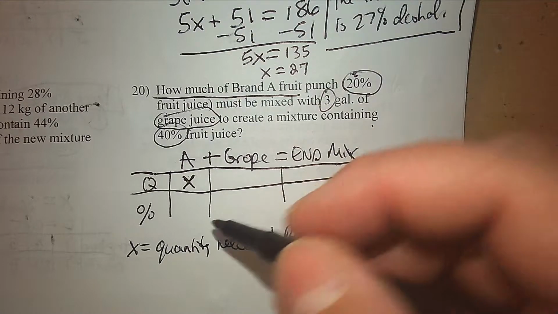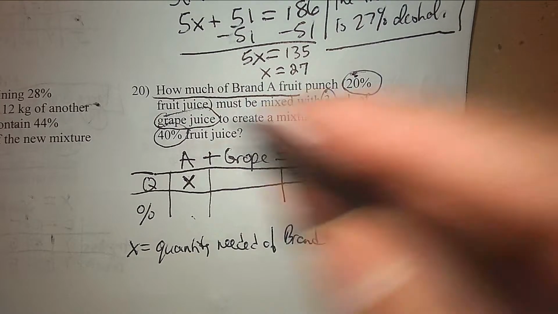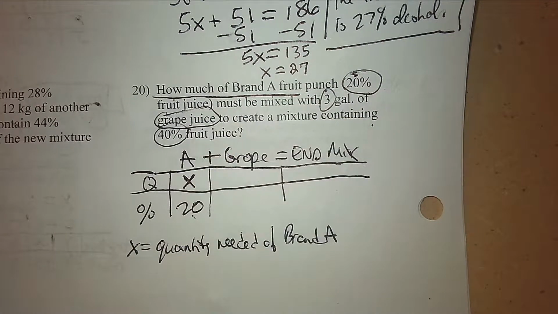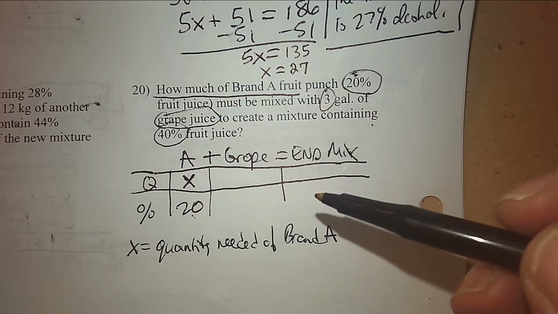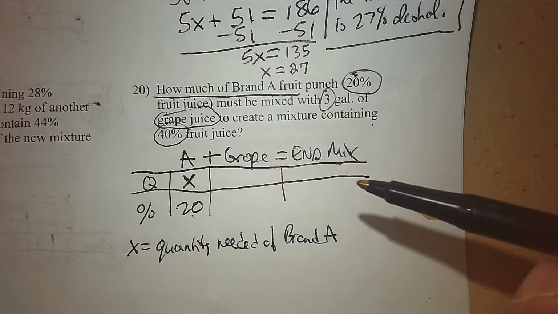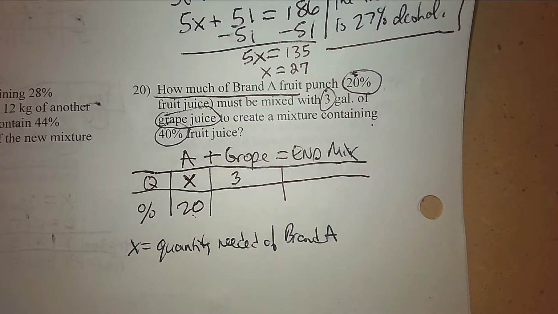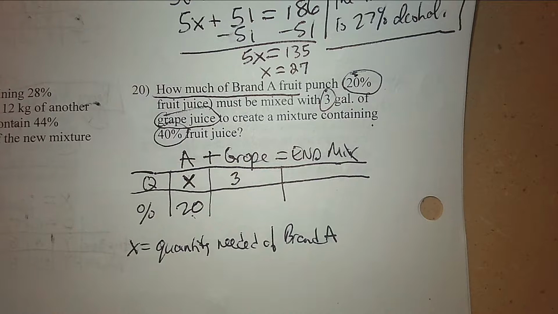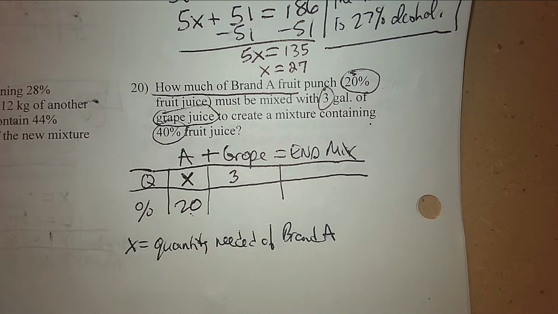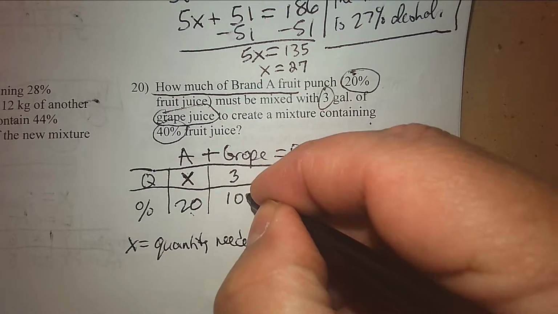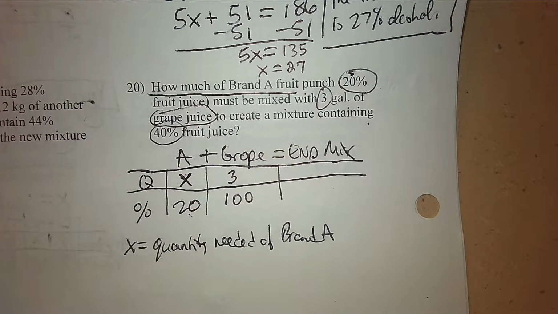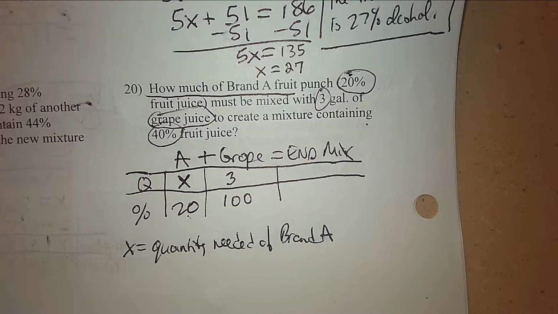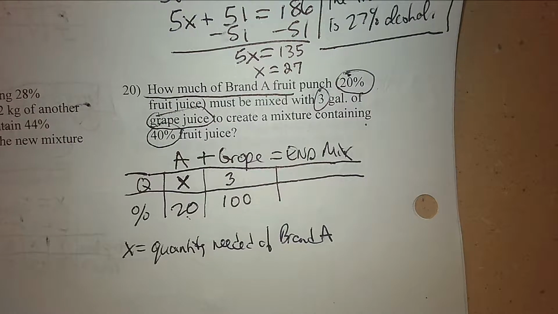What's the percent of brand A of fruit juice? 20. Next, grape. How much do we have of the grape juice? 3 gallons. And what percent of the grape juice is juice? It's grape juice. The whole thing is juice.